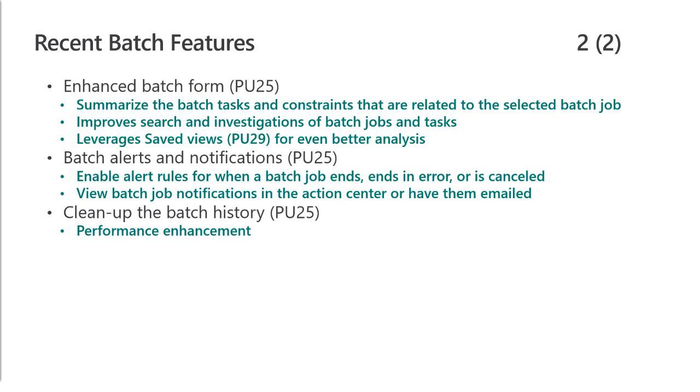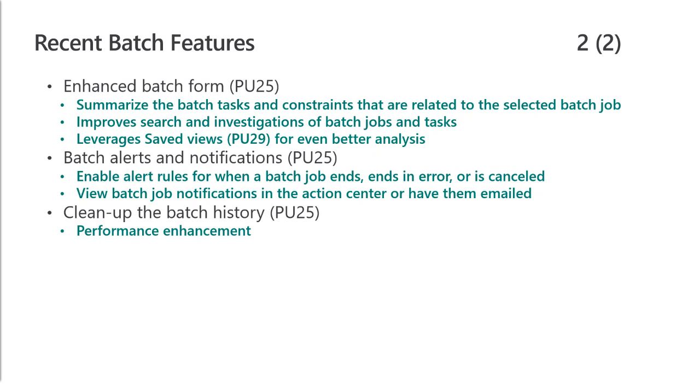We also added batch alert and notifications, so that enables alert rules when a batch job ends in error or is canceled, and you can decide whether that should be just shown in the action center or if it should be emailed.